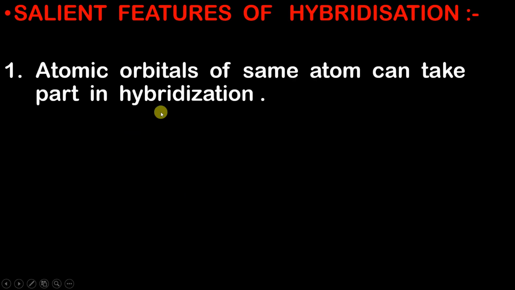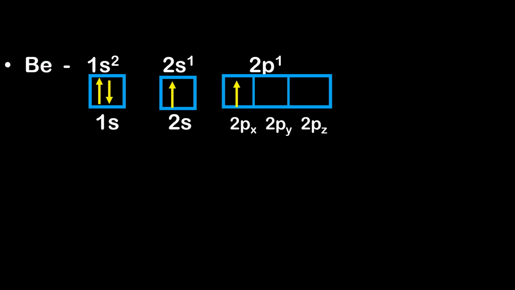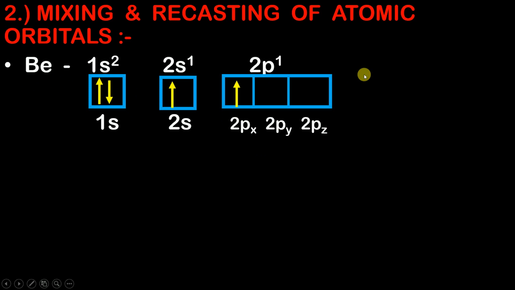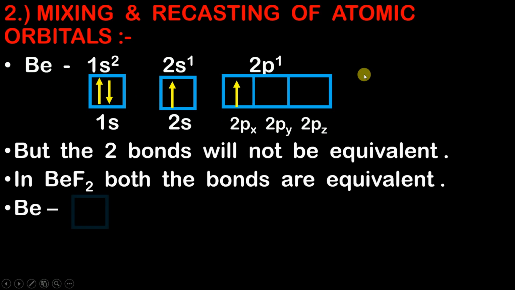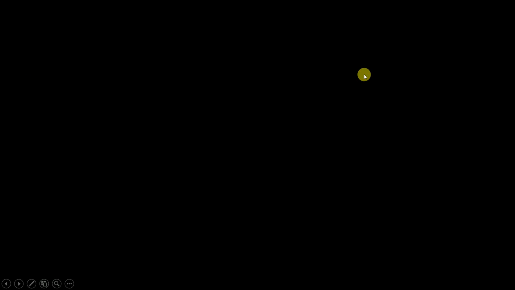Now guys, let us understand the salient features of hybridization. The first point: atomic orbitals of the same atom can take part in hybridization. As you have seen over here, the orbitals of the same atom, that is Be, were taking part in hybridization. There is no very difficult point in this.